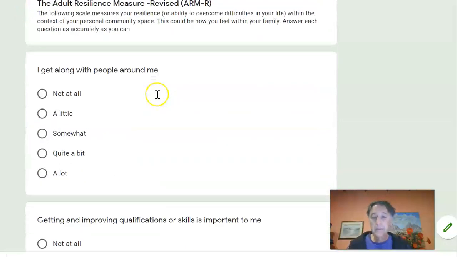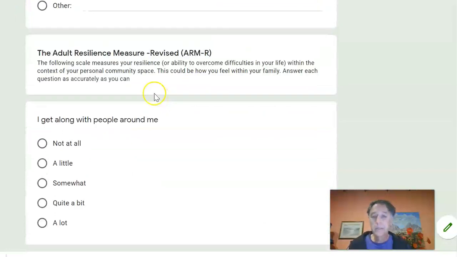Right, so now we come to the scale part. So scales are used to measure the dependent variable. The dependent meaning the perceptual, the subjective response from people. So in this instance, we use the Adult Resilience Measure Revised.